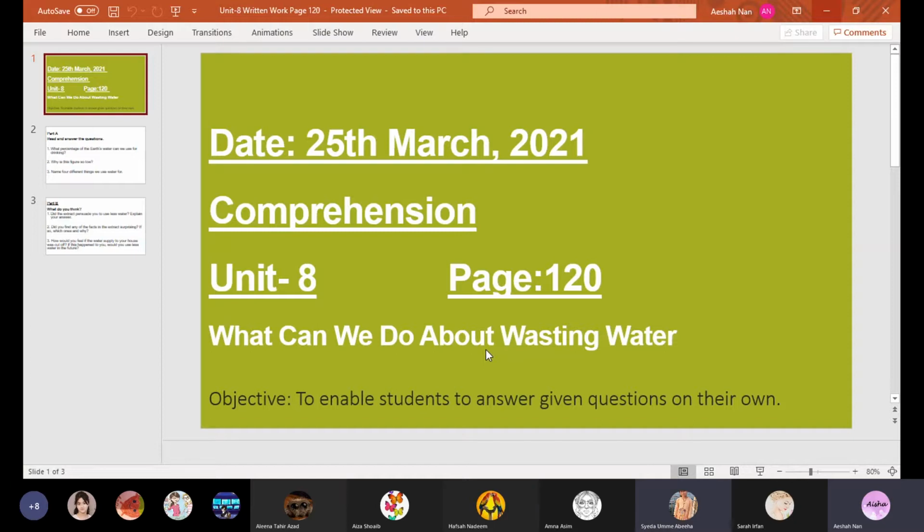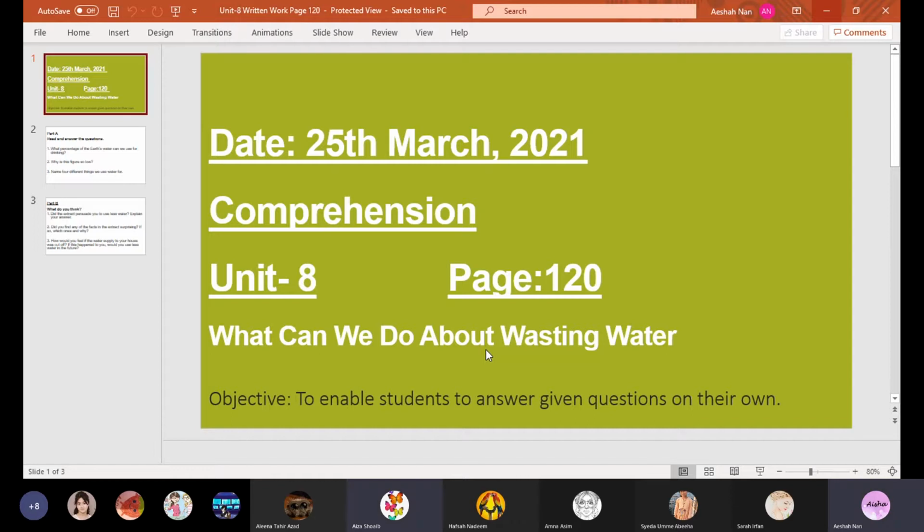All right? And we had learned that what's the percentage of fresh water? 4%. And what about the others? The remaining water. Most of the water on earth is salty. Very good. And in how many ways do we consume water?